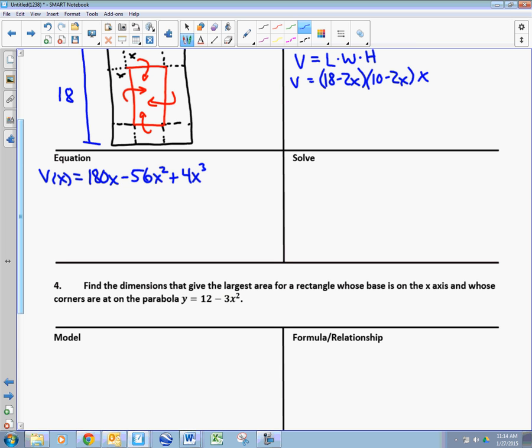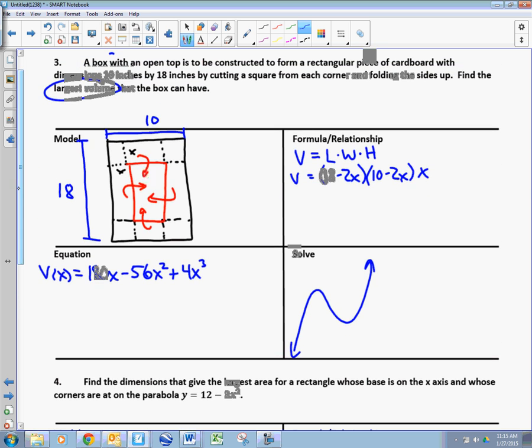Take the derivative of that. But first, what shape does that make? A cubic? So when I take the derivative, how many places will I solve equal to 0? 2. Which one will it be, the first one or the second one? The maximum one, not the minimum. Now, also just understand from the context of the problem, I'm getting an x value. What is the largest x could be?